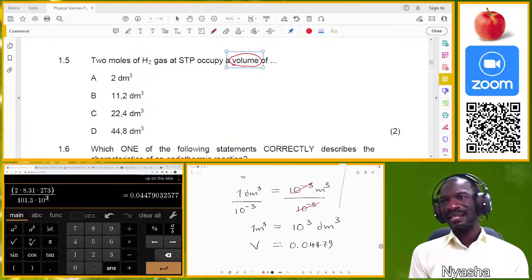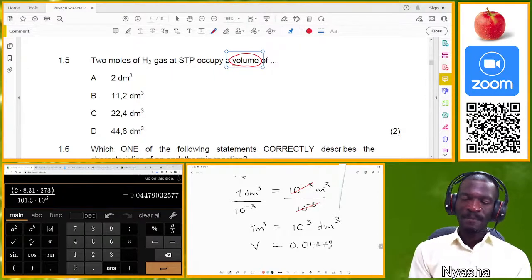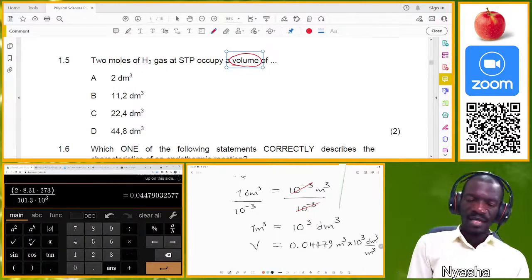These are cubic meters, and we now know that we've got 10 to the power of 3 dm cubed in every cubic meter.